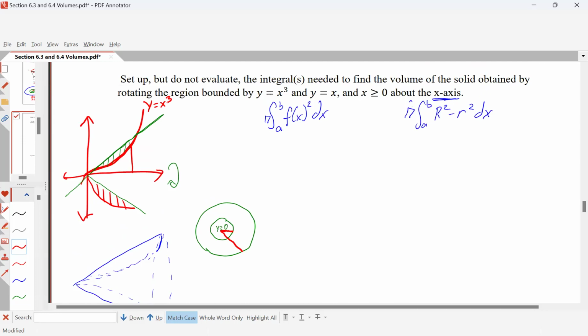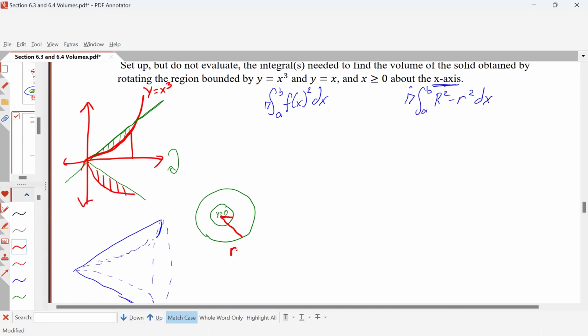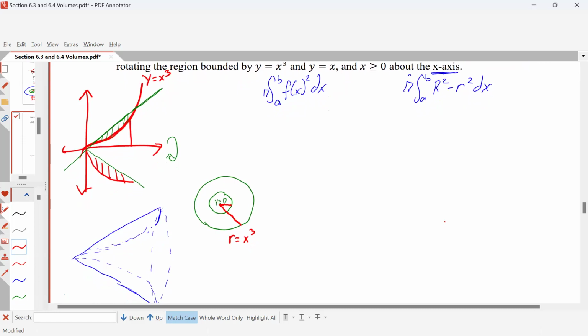So that is our small radius. And then the farther radius is from the x-axis up to the line y equals x. So our big R is r equals x.